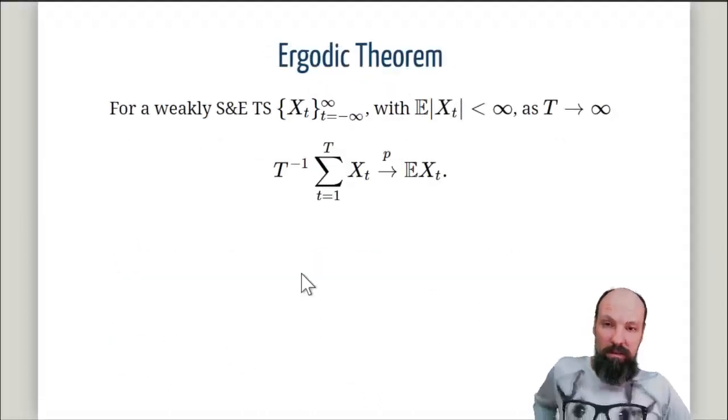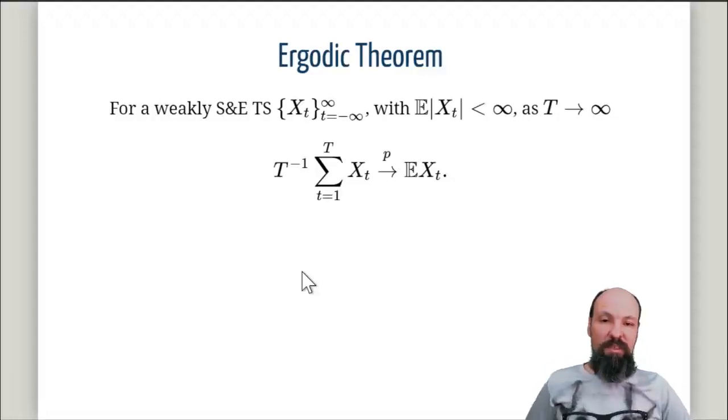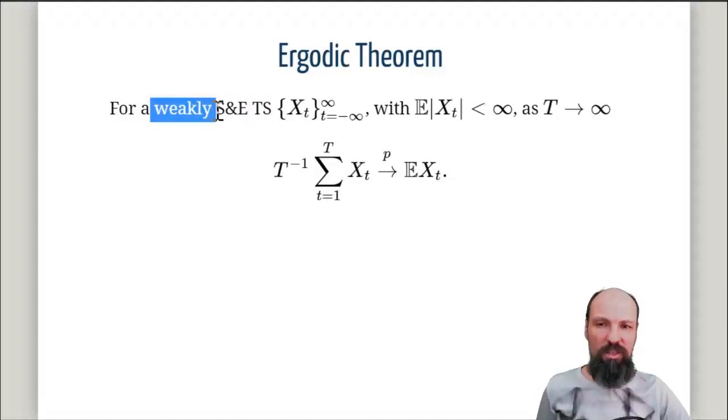And then we have the extension to the time series case of a limiting theorem. It says this: if we have X_t, which is a stationary and ergodic time series, well, weakly stationary is enough. This is a huge luck for us.